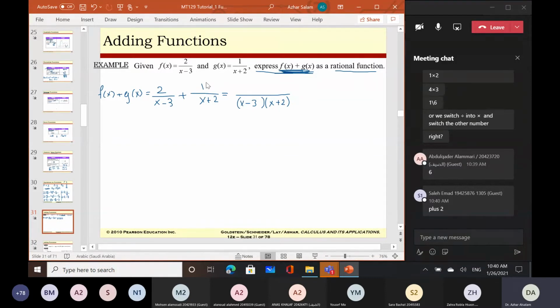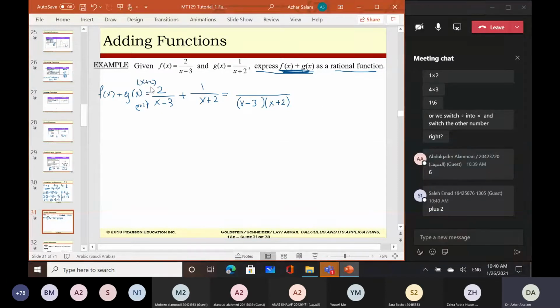Now for the numerators: I multiplied the first denominator by x plus 2, so I multiplied the numerator also by x plus 2.